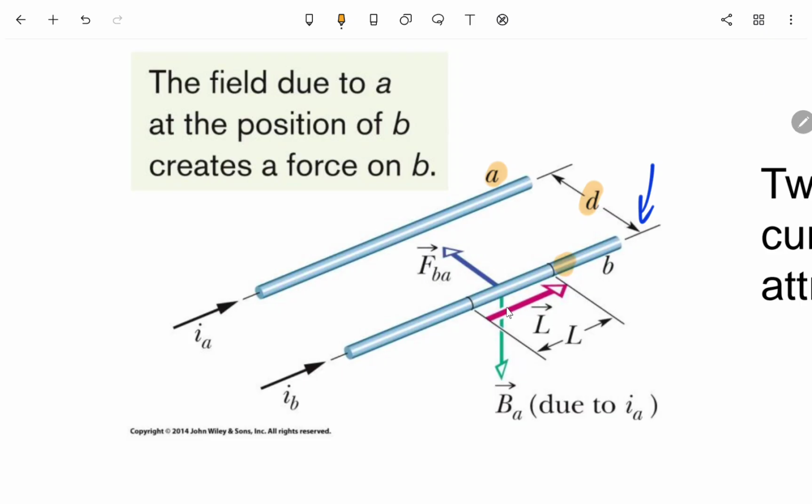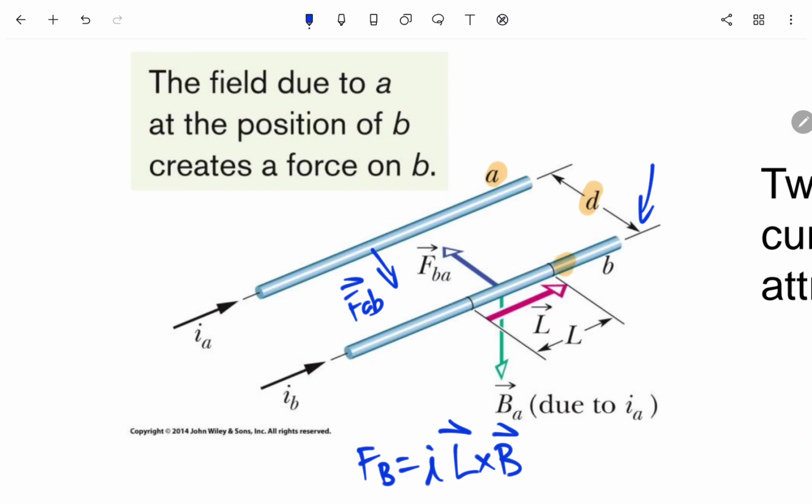So the force F_B is I times L cross B. L is in this direction, B is downward. So you use your finger pointing in that direction, cross it downward, so your thumb is pointing the other way. So F_BA is pointing in that direction, and if you're interested, you can also find F_AB, which will be pointing in the opposite direction.